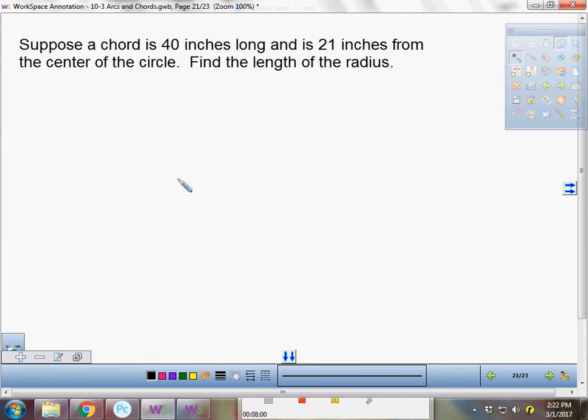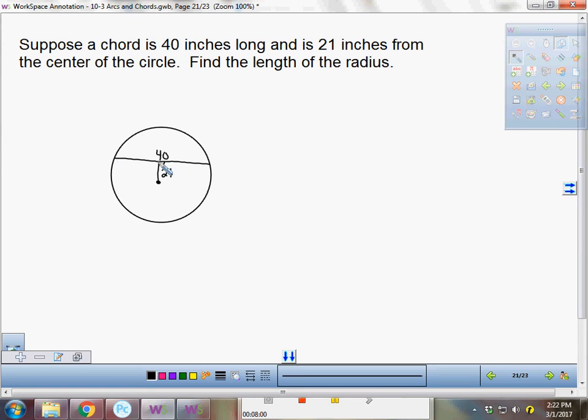All right, suppose a chord is 40 inches long. So we need a circle. So draw yourself a circle. And we have a chord. It is 40 inches long, and it's 21 inches from the center. So if this is the center, this would be 21. They want us to find the length of the radius. Well, let's say that this is perpendicular.